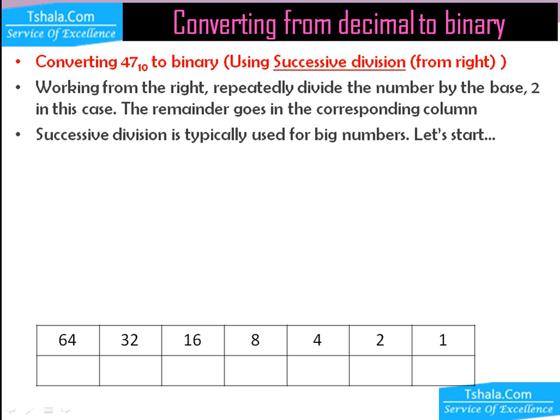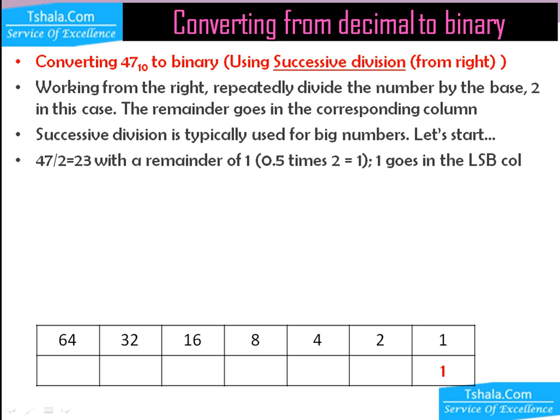This method is typically used for big numbers, but it really doesn't matter as long as it gives you the result that you want. We can start with 47 divided by 2, which is the base, equals 23 and a half.